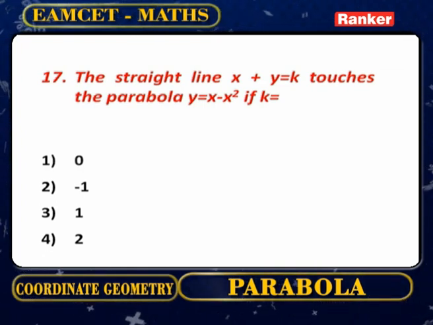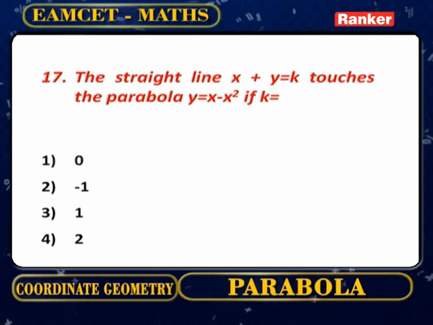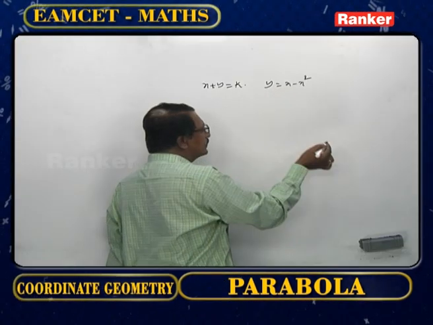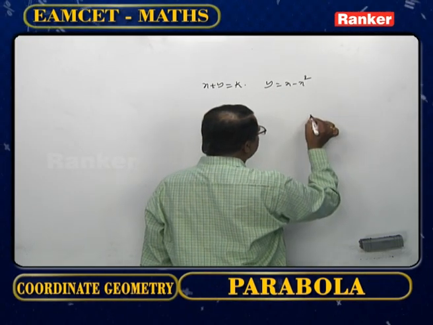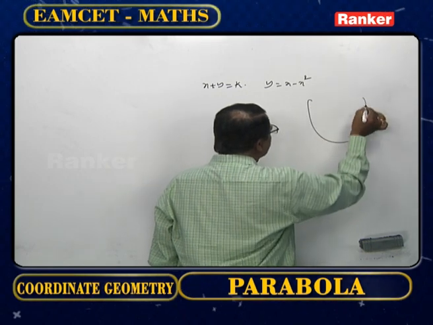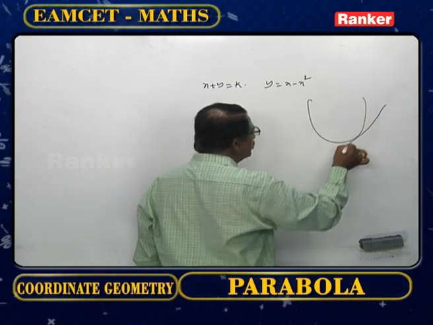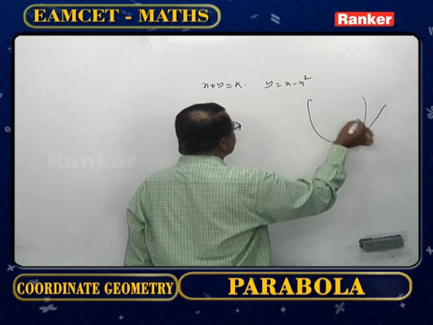The straight line x plus y equals k touches the parabola y equals x minus x square, if k equals what. Now, the straight line and curve touch each other. Suppose the given curve or parabola and the straight line touch each other.